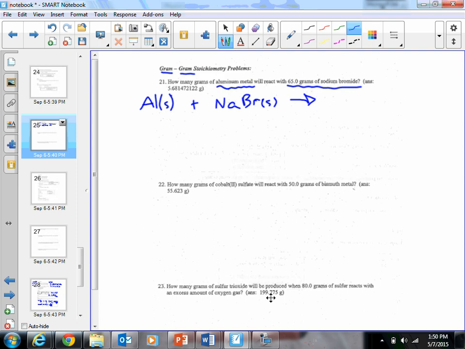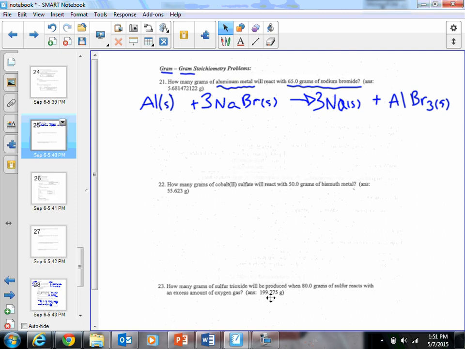So my products are going to be sodium metal and aluminum bromide. We want to make sure that it's balanced. So I have to put a 3 here to balance my bromide and then a 3 here to balance my sodium. What I always like to do is label your known and your unknown.